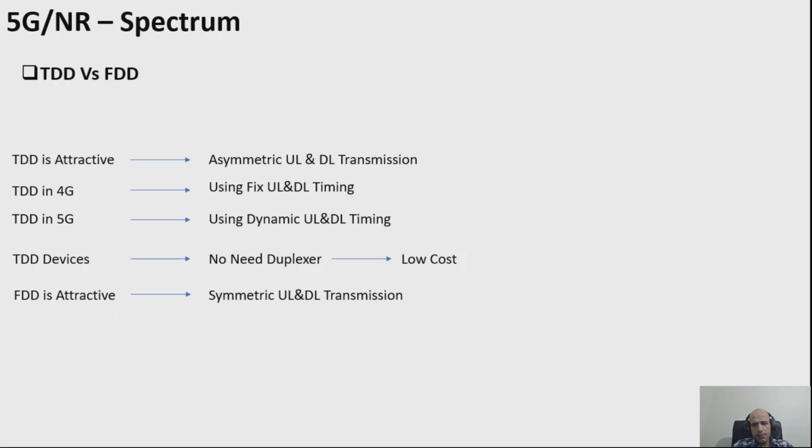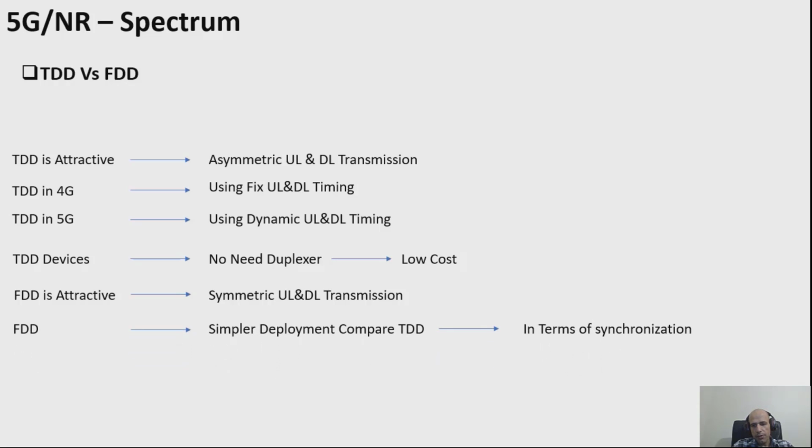FDD is attractive for systems where the requirement for uplink and downlink capacity is relatively symmetric. FDD can offer higher throughput because data transfer can be continuous in both directions. The capacity associated with the pair of FDD carriers is greater than the capacity associated with a single TDD carrier, but a greater quantity of spectrum is required, assuming equal channel bandwidth.